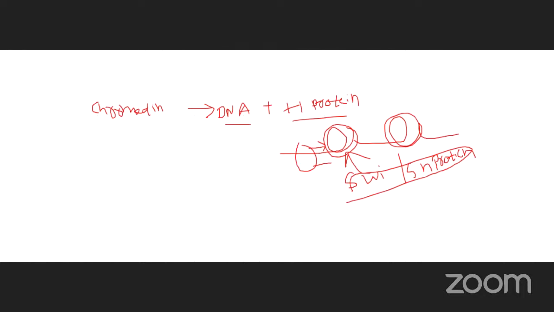Heterochromatin. If you take the chromatin, there are two types: heterochromatin and euchromatin.